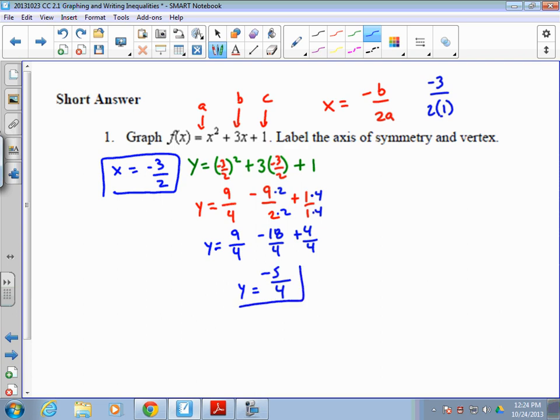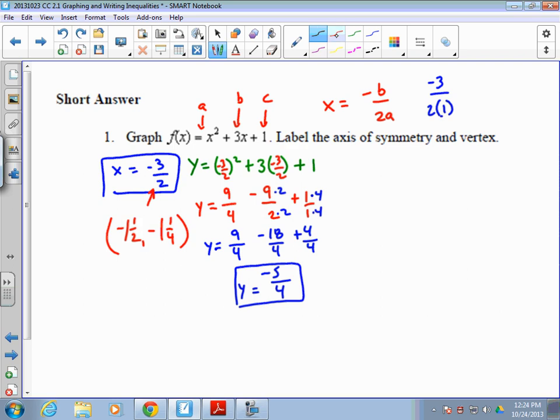So we have an x value and a y value, negative 3 over 2 and negative 5 over 4. Negative 3 over 2 is the same thing as negative 1.5, and negative 5 over 4 is the same thing as negative 1 and 1/4. So that is your vertex once you have your x and your y.